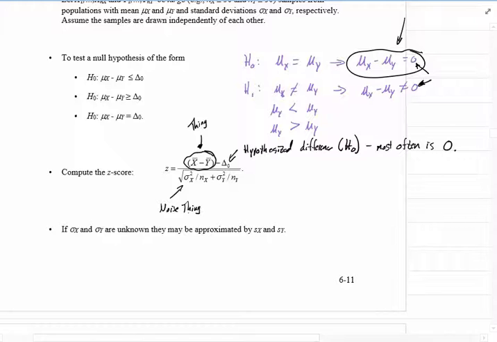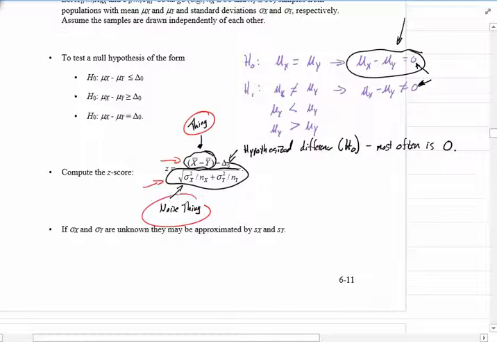So we've done that quite a bit. So keep in mind, we always match up that guy in the numerator with that noise in the denominator. Whether it's a mean, a difference between two means, or what have you.